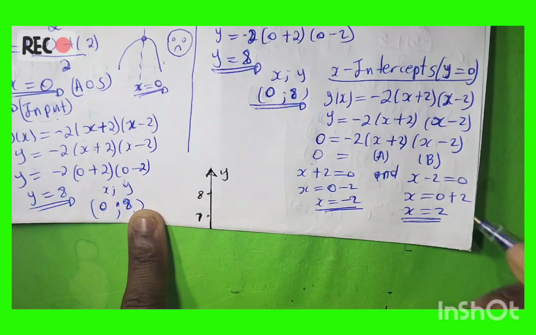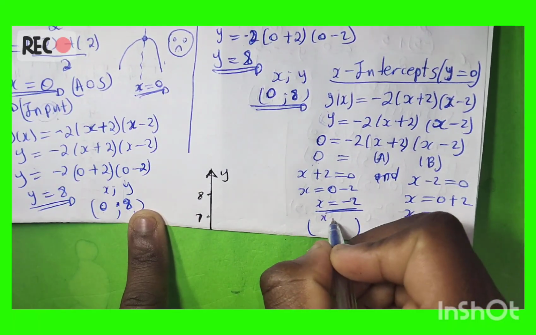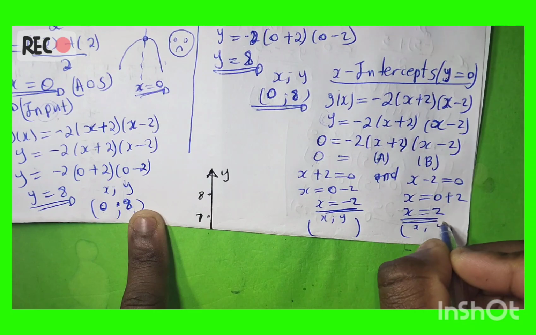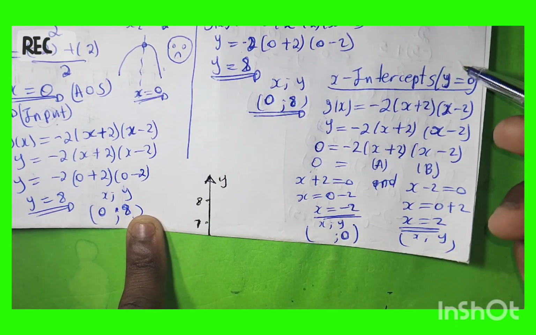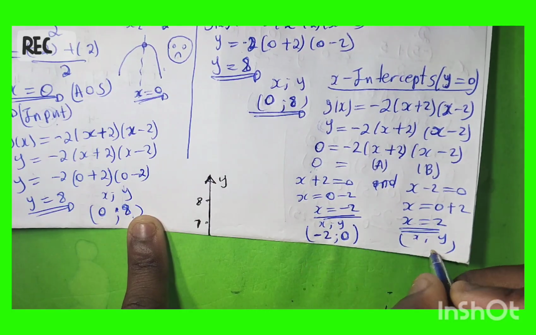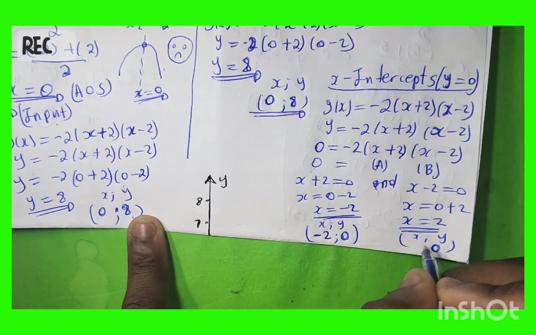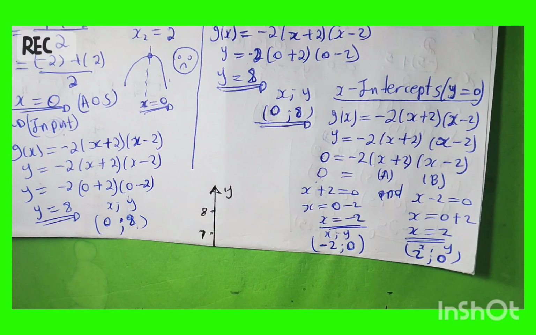So write this, guys, in coordinate form, something like this, x and y. When the y value is 0, I'll get x = -2. And when the y value is 0, I'll get x = 2. So now, guys, I'm done solving my intercepts.